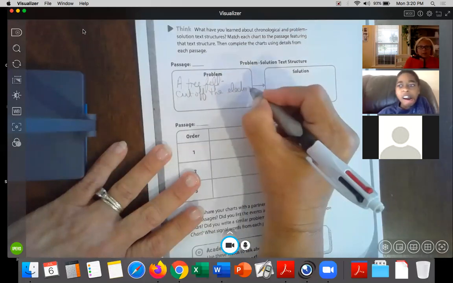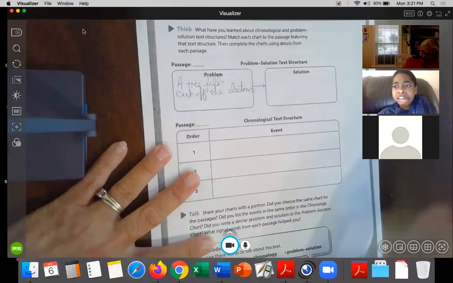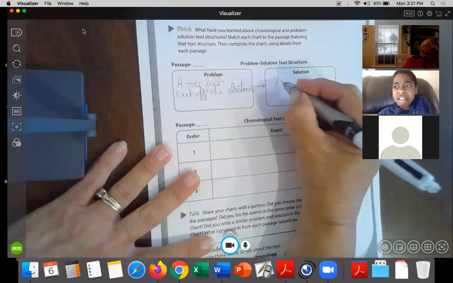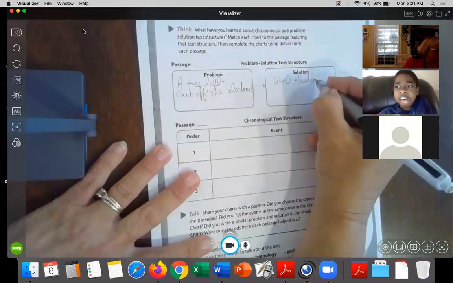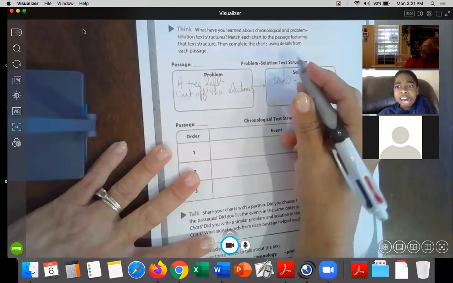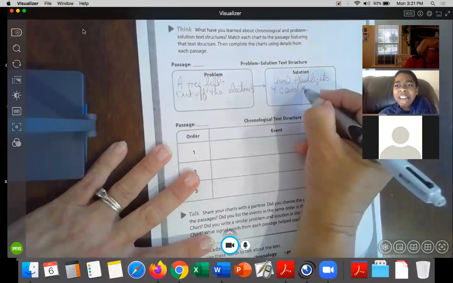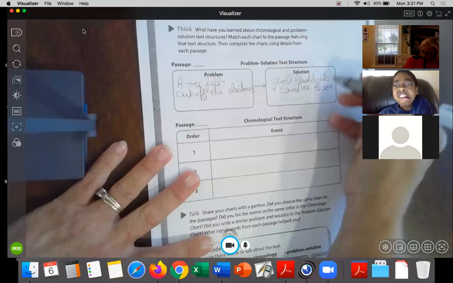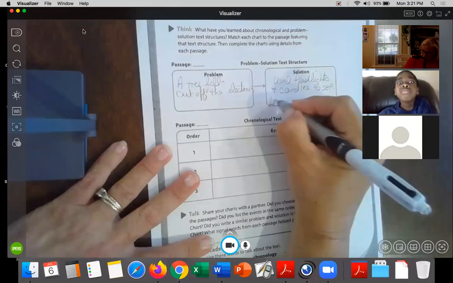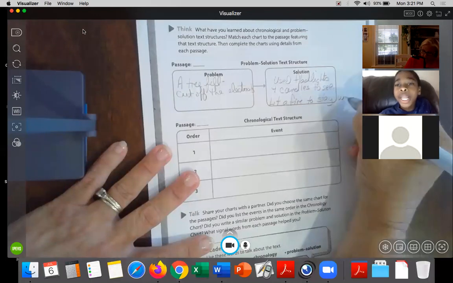Cut off electricity. And then the solution, they used flashlights and candles to see, and then they lit a fire to stay warm. So here's our problem, here's our solution.